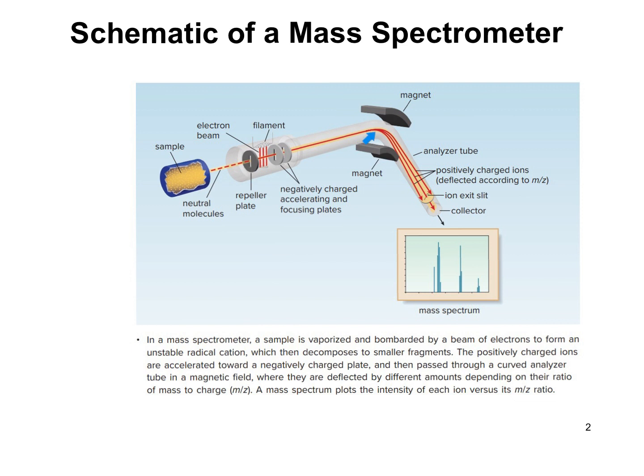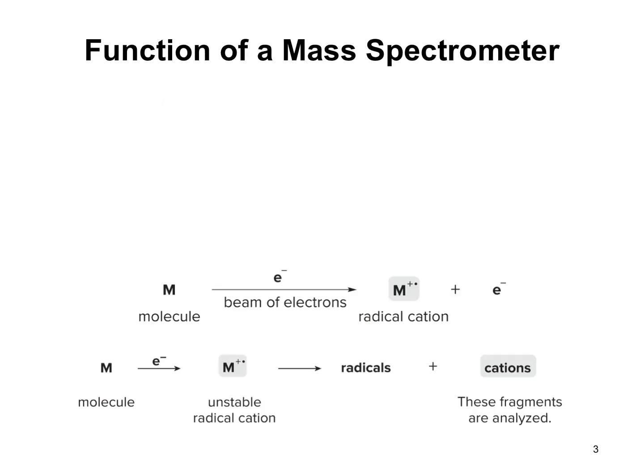That will then travel through the tube where we reach a magnet, and that magnet will separate out those different components, and that's where we get different peaks. These are deflected by different amounts depending on their mass to charge ratio. We're going to put some of this into words on the next slide.